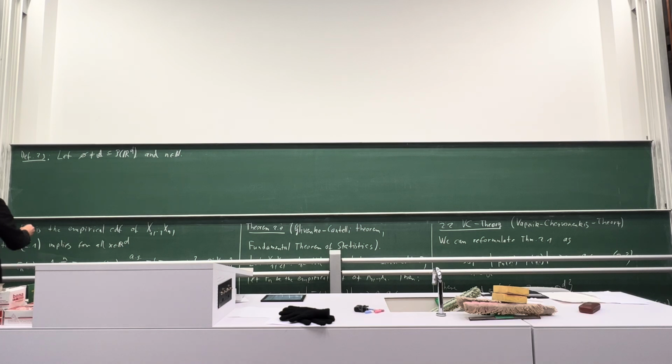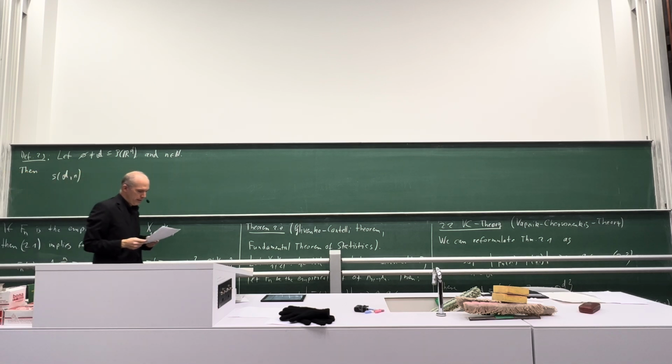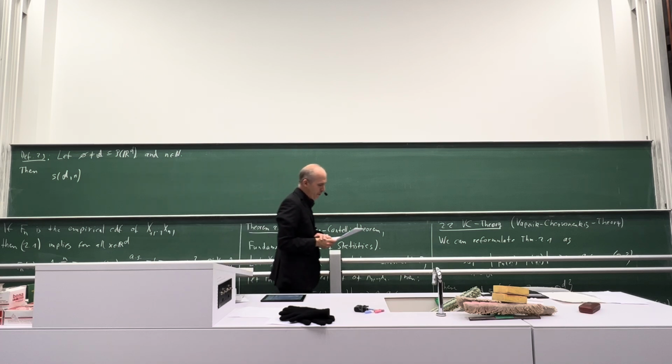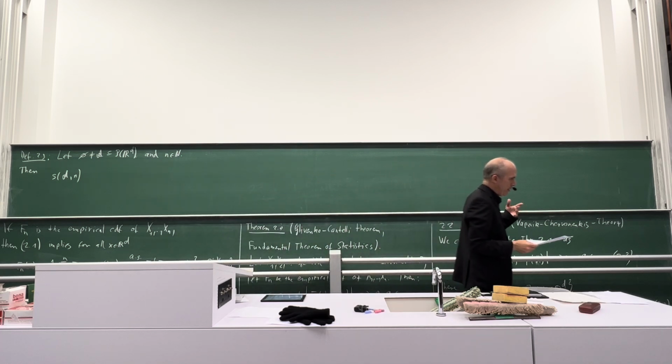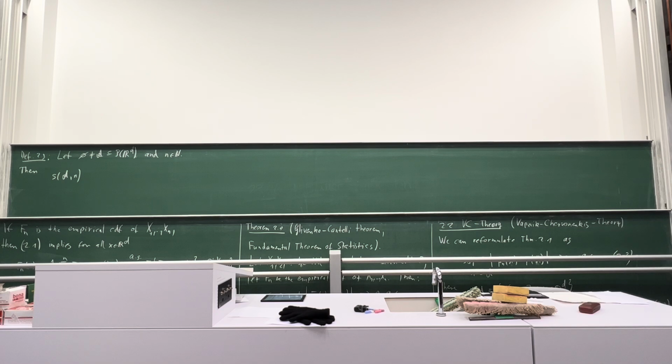That's then S_A(n), the nth shadow coefficient of A. And this nth shadow coefficient of A describes, given any points x1 to xn in RD, how many subsets of these points can I pick out by sets of A.